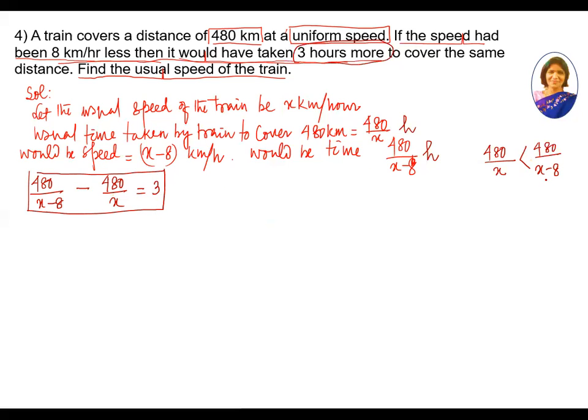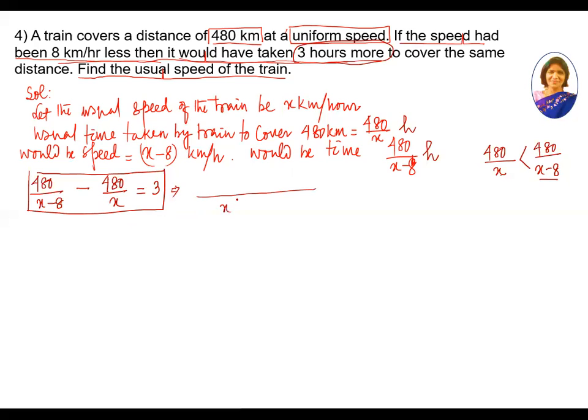So when the denominator x minus 8 is less than x, the value is greater, the fraction is bigger. If this equation is correct, the whole thing will be correct. Let us go for solution because we should not waste time.